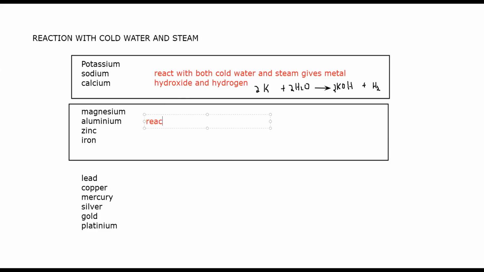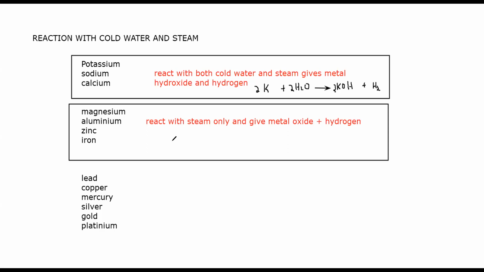So they react with steam only and give metal oxide plus hydrogen. So that's the difference here. They can only react with steam. They cannot react with cold water. And as a result, they give metal oxide and hydrogen.